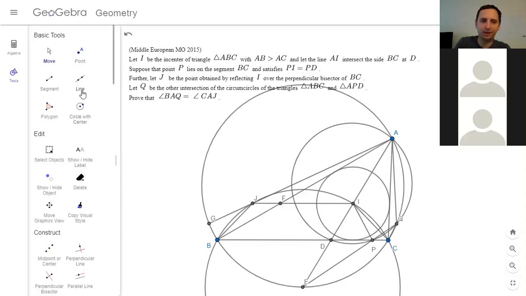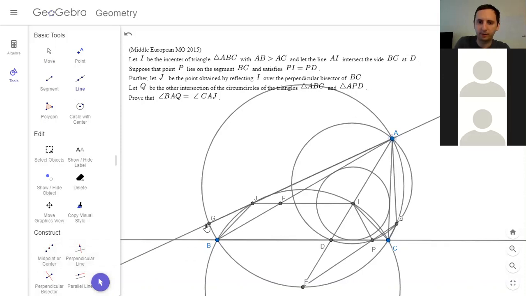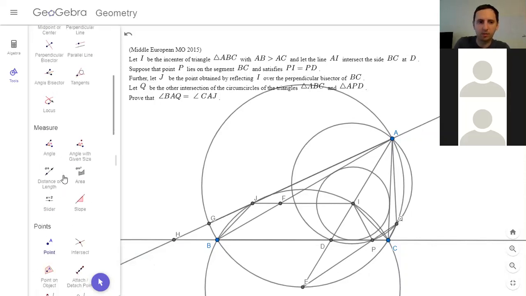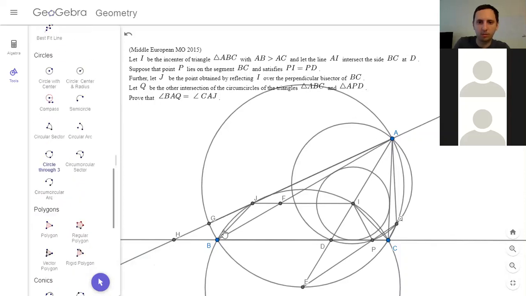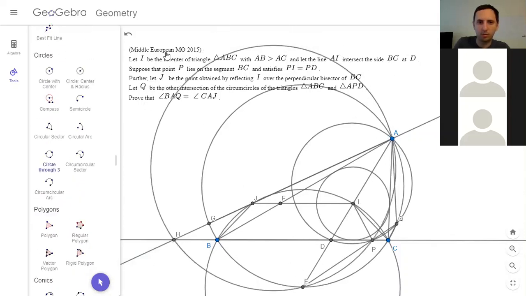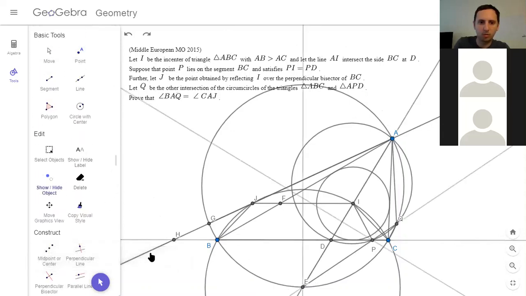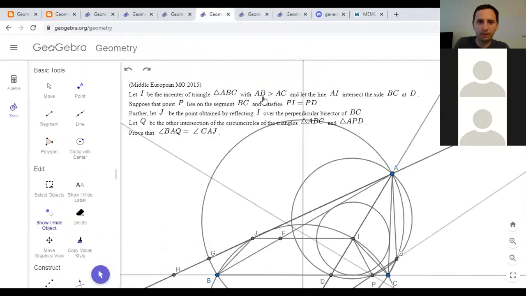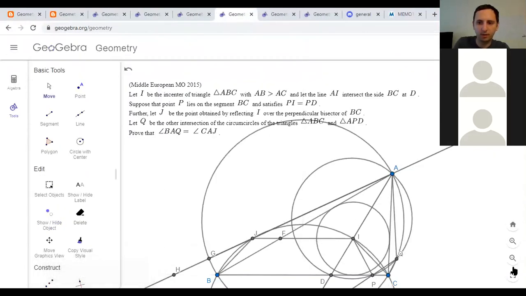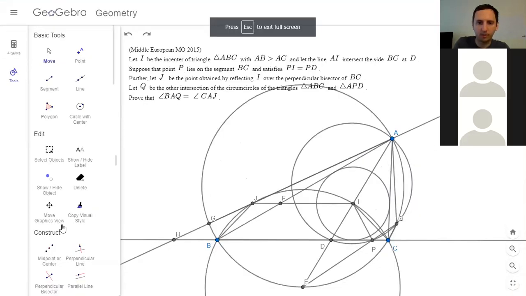Maybe it is worth extending it to meet BC, because then we could try to show that AHEP is cyclic.